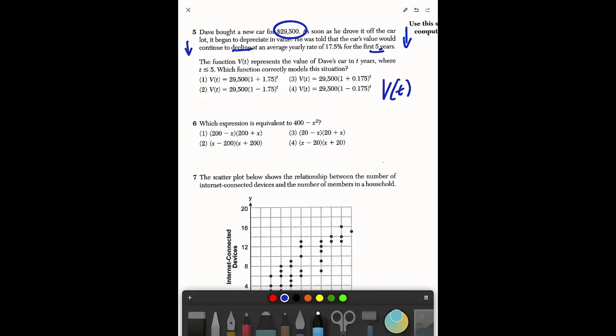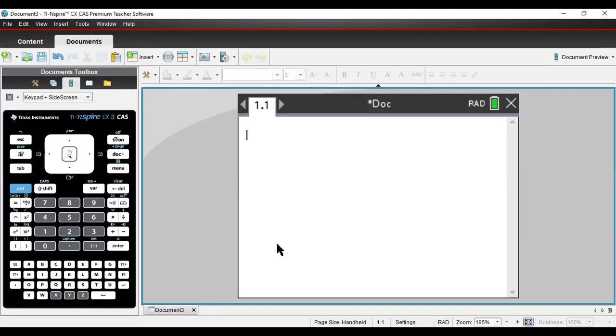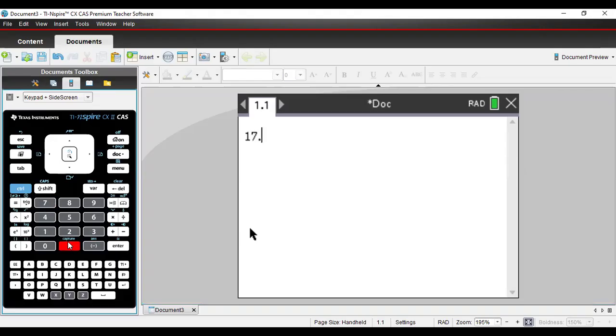The key in this is you have to know what 17.5% looks like as a decimal. If you do not know how to do that, there is a feature on the calculator that will help you. So I'm going to go to the main calculator screen and type in 17.5, and then I'm going to go get the percent key.